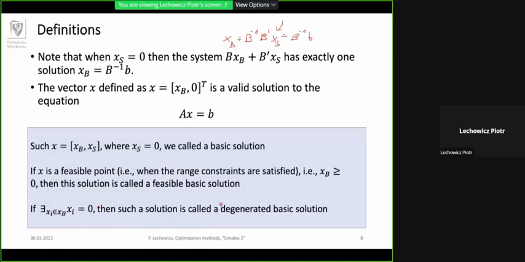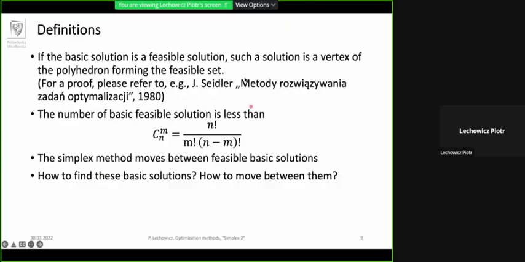But we will not consider such types of solutions. In such a case, there's a little difference in how the starting vertex is selected. And we also do not consider a case where we do not have a feasible solution from solving the equation, but there are some methods which we can apply to modify the equations to find a feasible solution. So if the basic solution is the feasible solution, this is the case which we will consider.